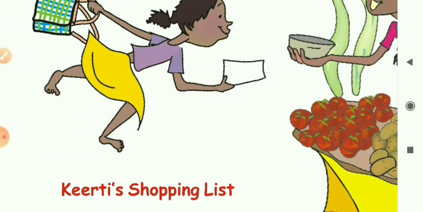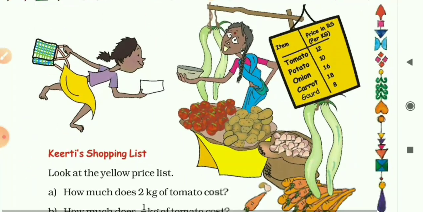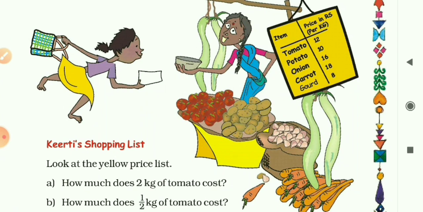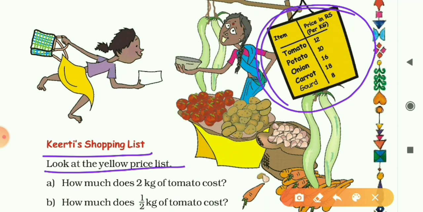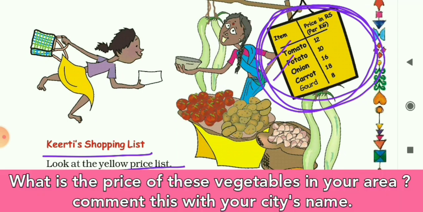So now come to Kirti's shopping list. Here is the topic. At first we will read it. Kirti's shopping list. Look at the yellow price list. Dear students, here you can see in this yellow table we have the price list. On the left side we have items, that is tomato, potato, onion, carrot and gourd.